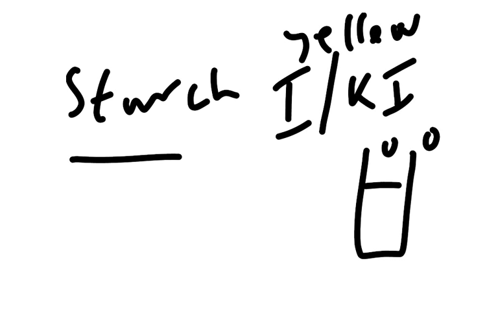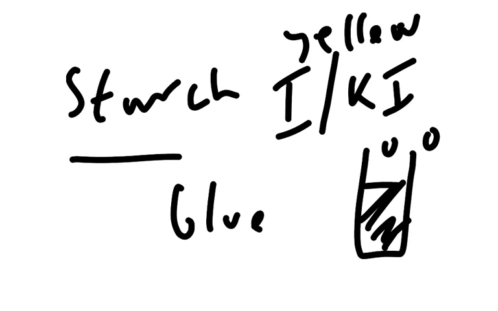You drip it in, and if starch is present, it will go a blue-black. So the presence of starch is the colour change from yellow to a blue-black colour, and if there's no starch present, it remains a yellow colour.